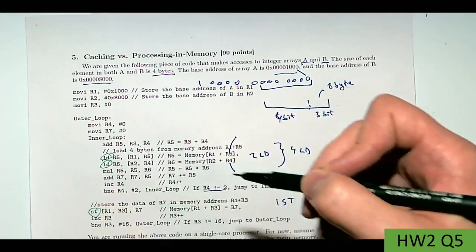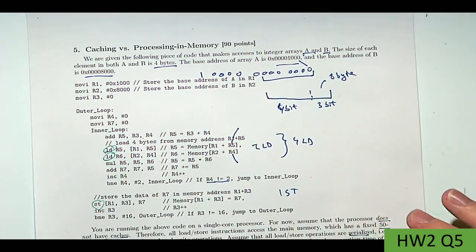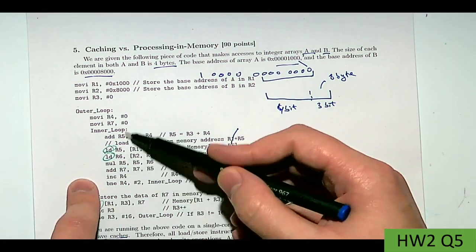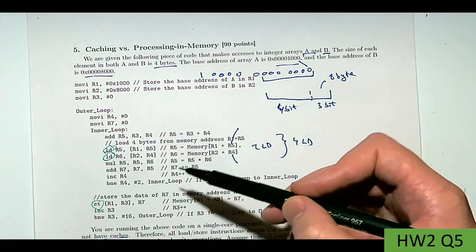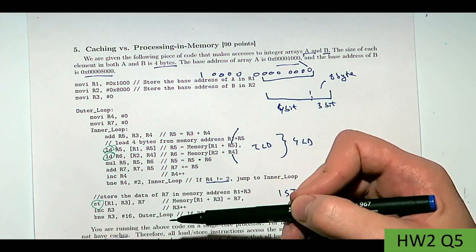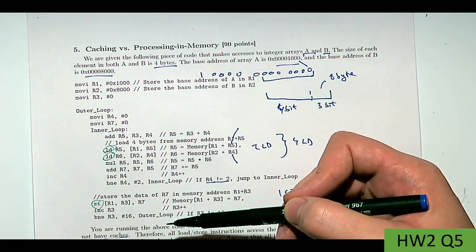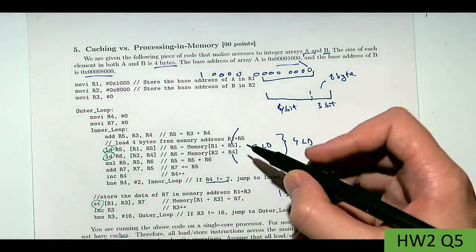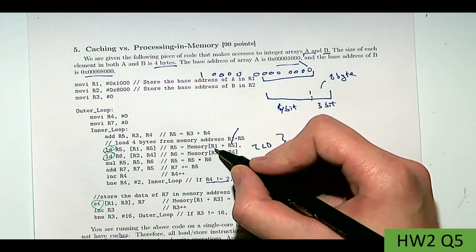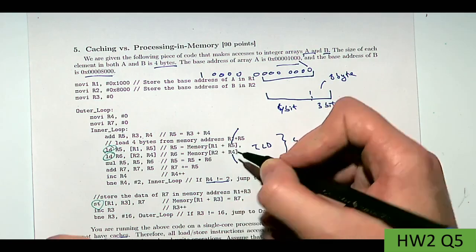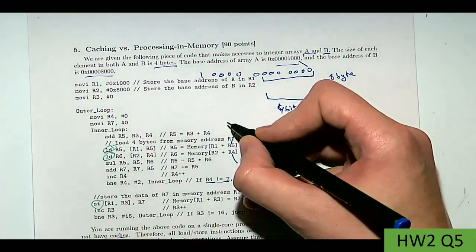We already have some understanding about R3 and R4. R4 is basically the counter that we modify inside the inner loop, right? So it gets either 0 or 1 as a value. And then R3 is the outer loop iterator, which gets values from 0 up to 15. So basically what will happen here is we will first access A0, right? Because initially R5 will be 0 plus 0.